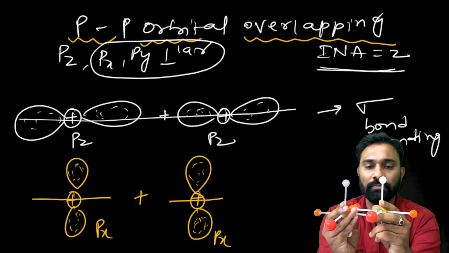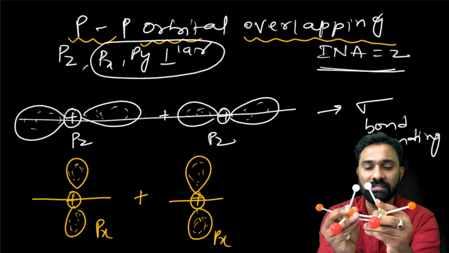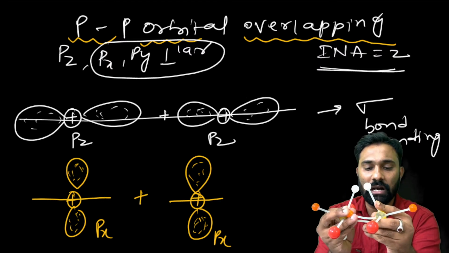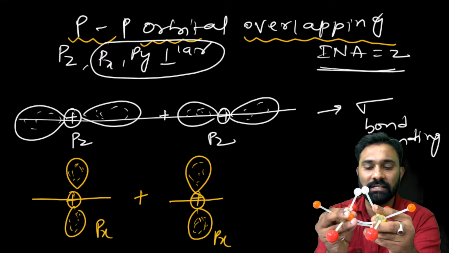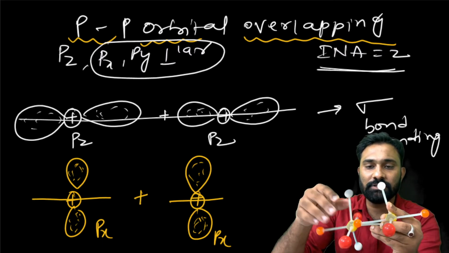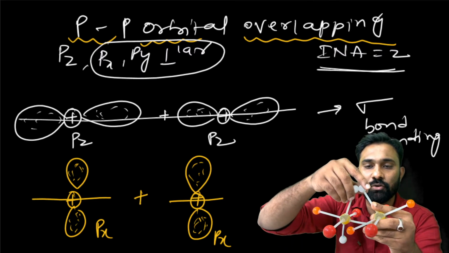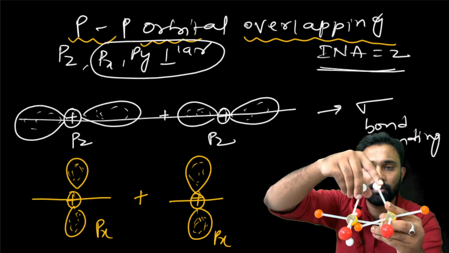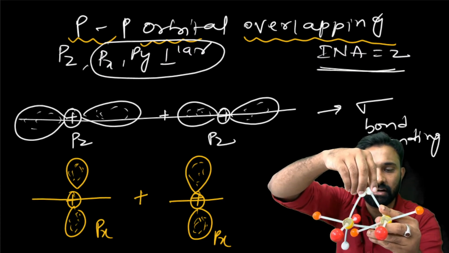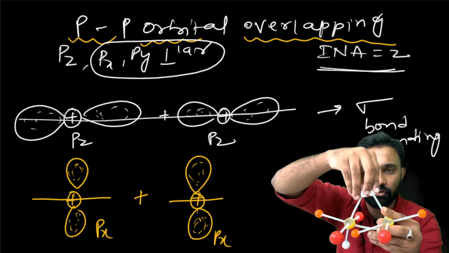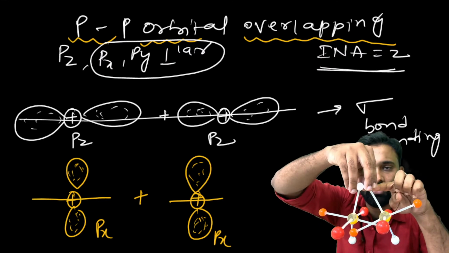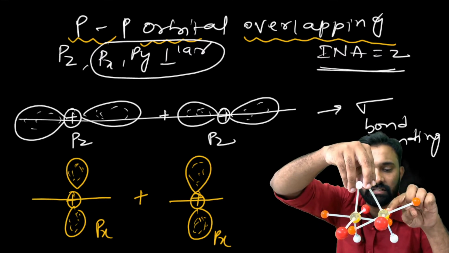So what will they do? They will overlap sideways in this manner. Sideways overlapping leads to which bond? The pi bond. Now you can see the electron cloud is here and the nucleus is here.